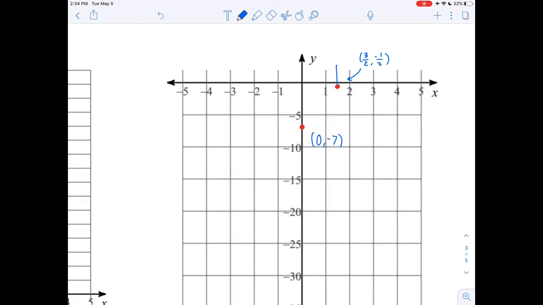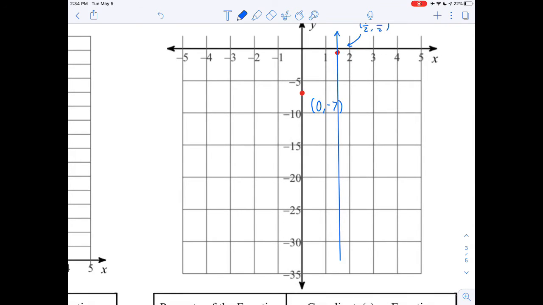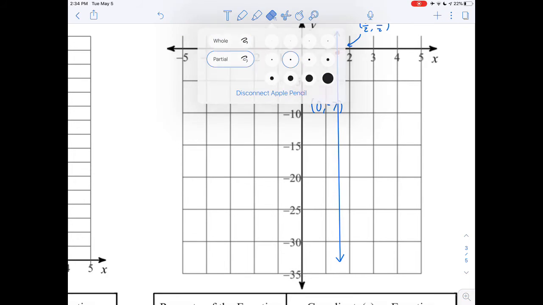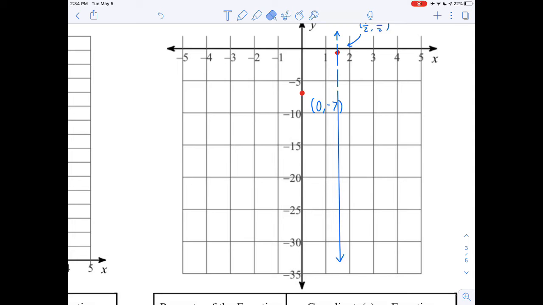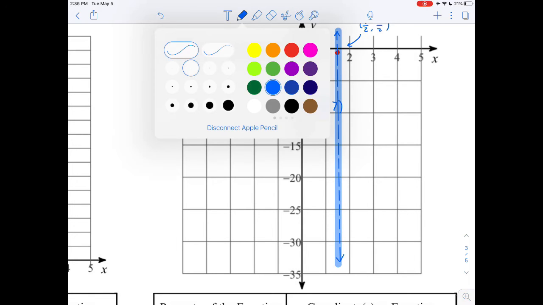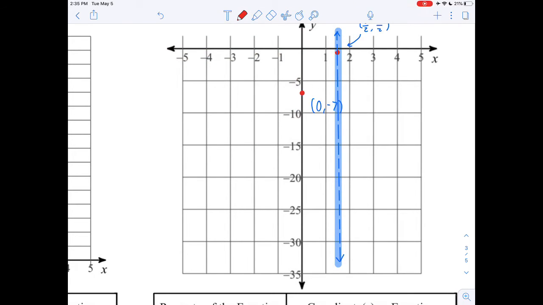And since this is my vertex, I know that there's going to be an axis of symmetry that passes through it here. This axis of symmetry is helpful when you want to quickly graph a quadratic function without making a huge list of inputs and outputs, which I actually have asked you to do. But this would be useful to know because I know that on both sides of this line, I'm going to have the same inputs and outputs. So in theory, I should have an output at 3 that is equal to -7.